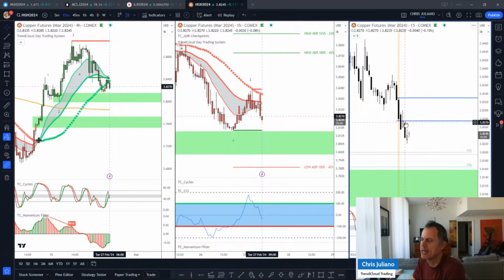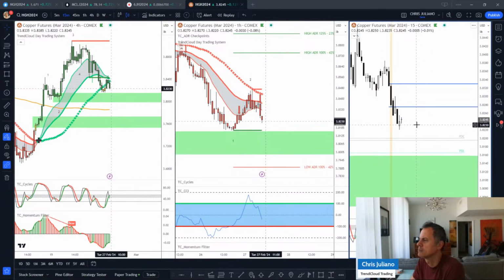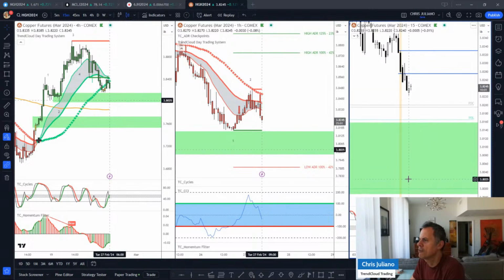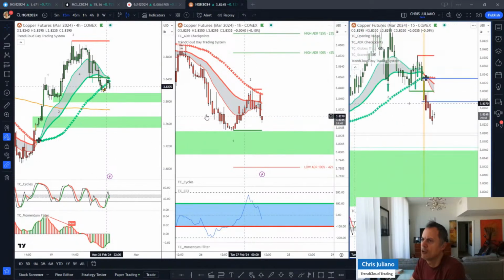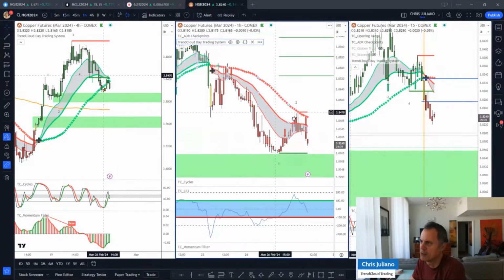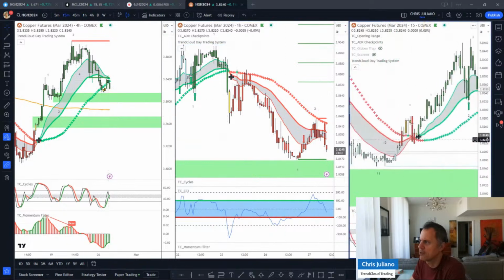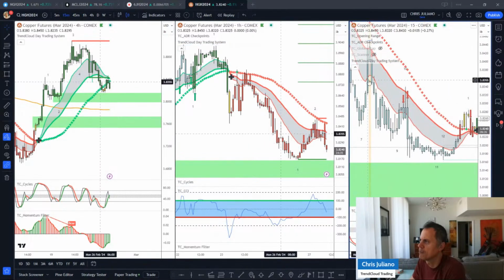Copper's also breaking out to the downside. Maybe it wants to head towards, very interesting, downtrend, but upward momentum. So what's happening here is we've got this deep pullback on the high time frame, and that caused trend reversal on the lower time frames, right?